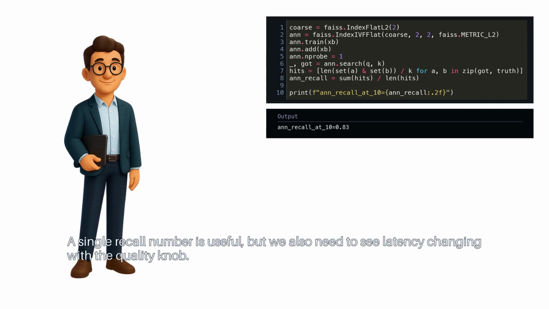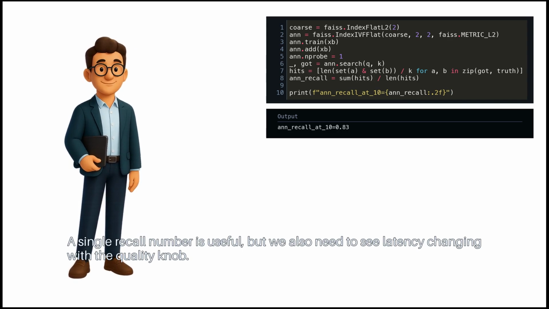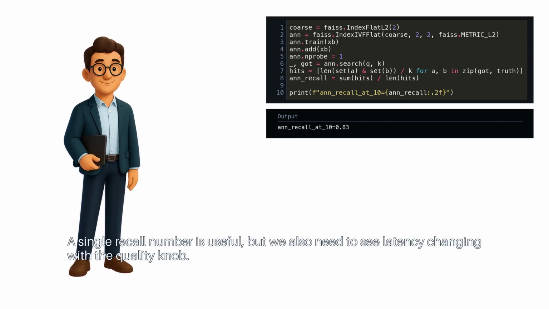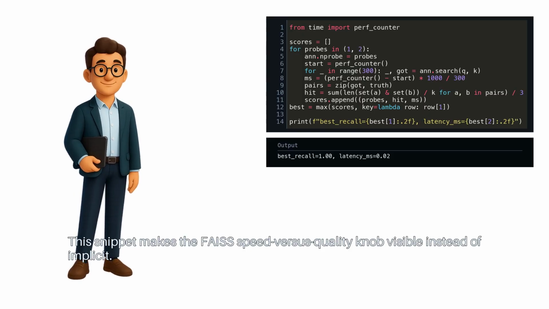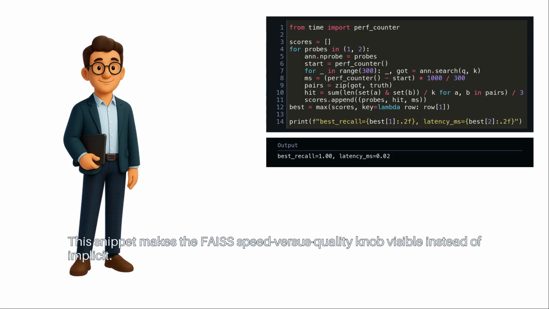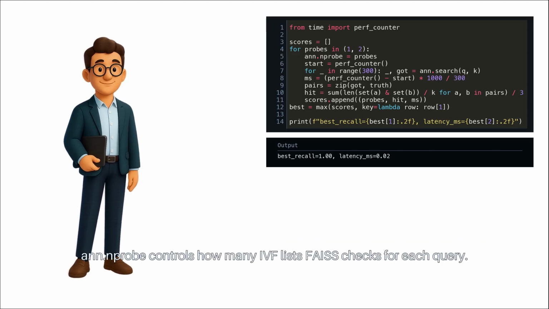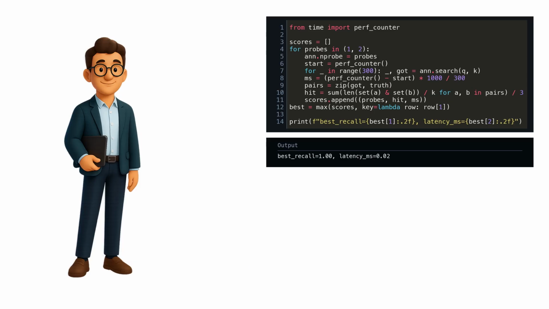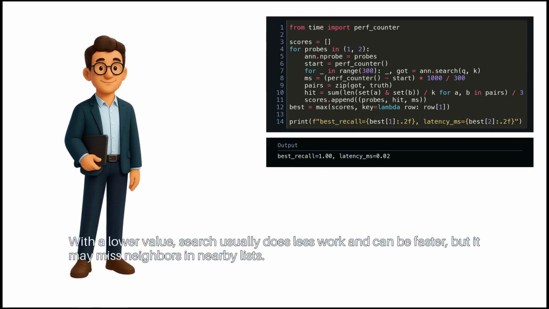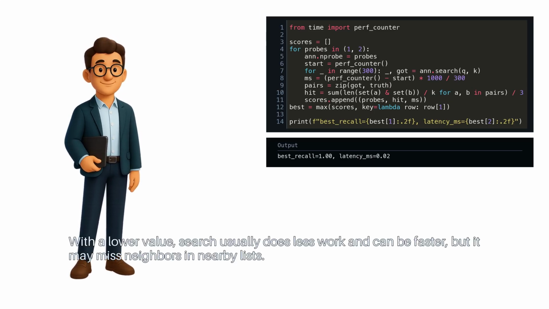A single recall number is useful, but we also need to see latency changing with the quality knob. This snippet makes the FAISS speed versus quality knob visible instead of implicit. ann.nprobe controls how many IVF lists FAISS checks for each query. With a lower value, search usually does less work and can be faster, but it may miss neighbors in nearby lists.